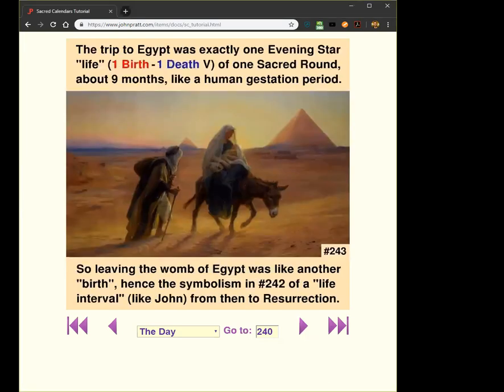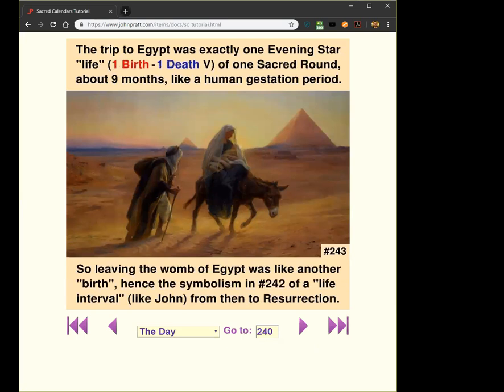And then they broke through the water, crossing the Red Sea, and the nation of Israel was born at the Exodus. And they're born on Jesus's birthday.